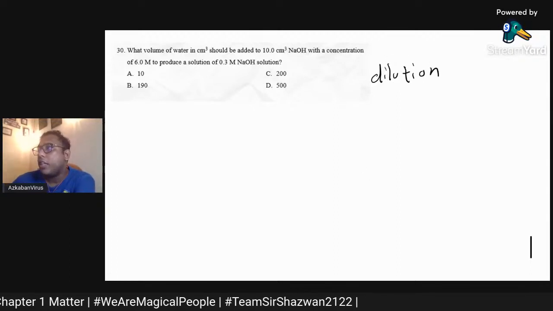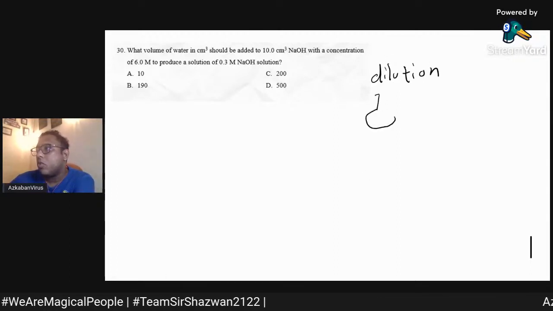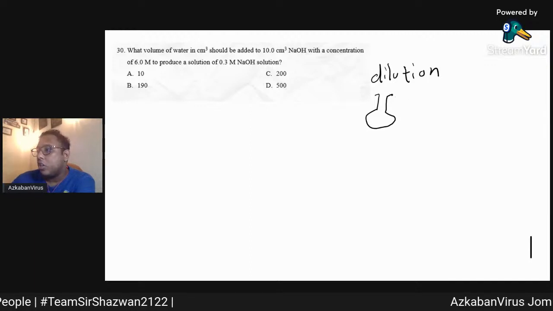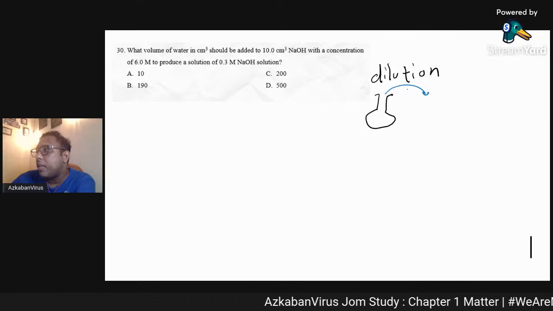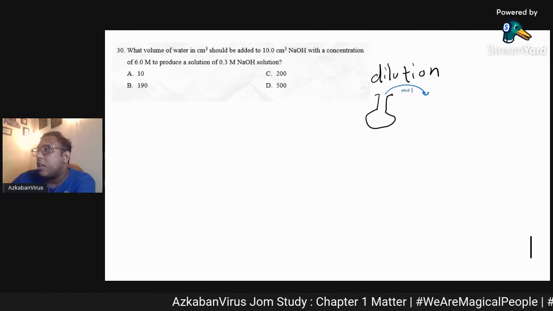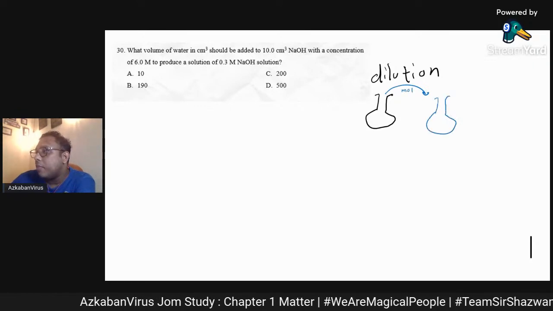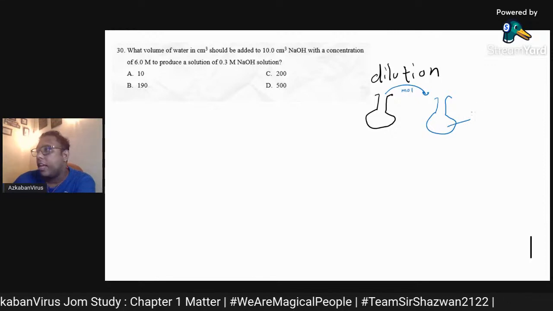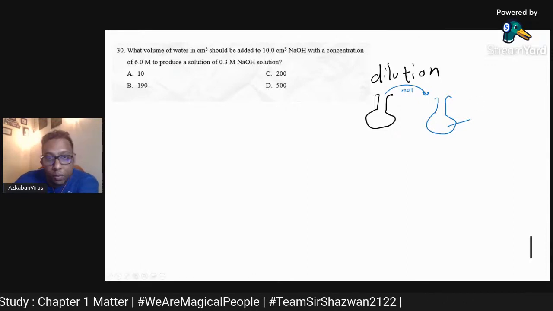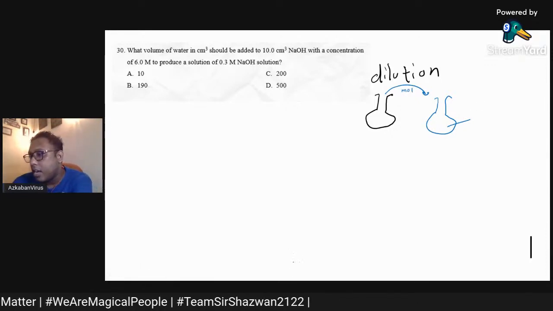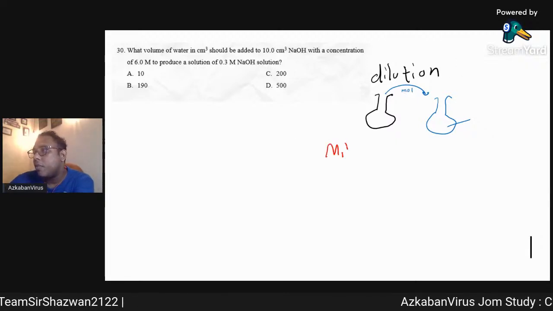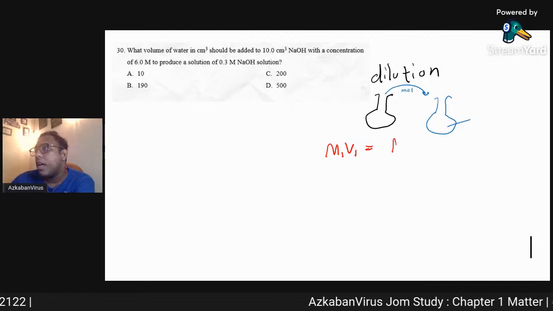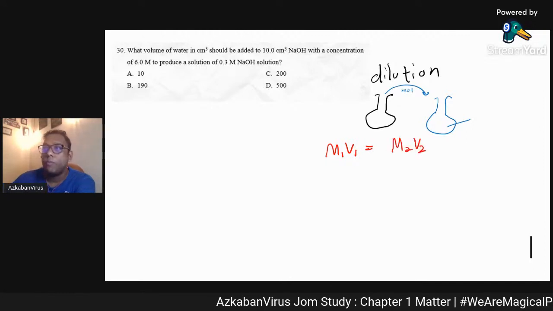Okay, konsep dilution adalah you ada satu solution, you keluarkan sikit, yang you keluar tu maybe certain mole, bilangan mole yang masuk dalam container baru ni sama, cuma concentration dia berubah. Kita biasa guna dilution dalam kehidupan seharian. Remember, kalau dilution kita akan guna M1 V1 is equal to M2 V2.